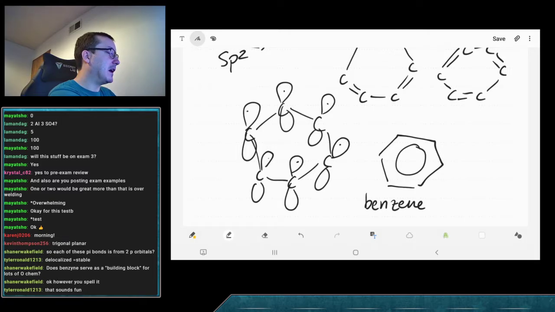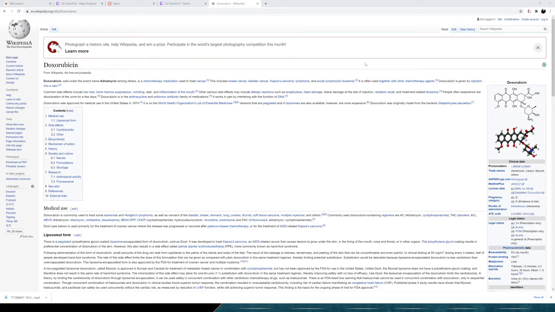How about doxorubicin, for example, is an anti-cancer drug. Notice we have a bunch of little benzenes in there. And you can see actually they put the little dots in there as well to illustrate that kind of delocalization of the electrons. So you're going to see that a lot of molecules have this benzene in it, and it renders it very, very stable because of those delocalized electrons.